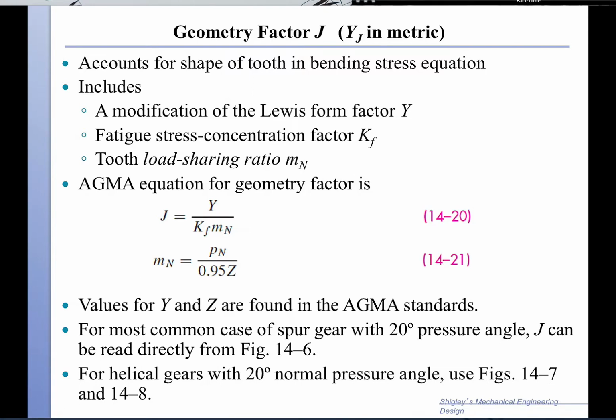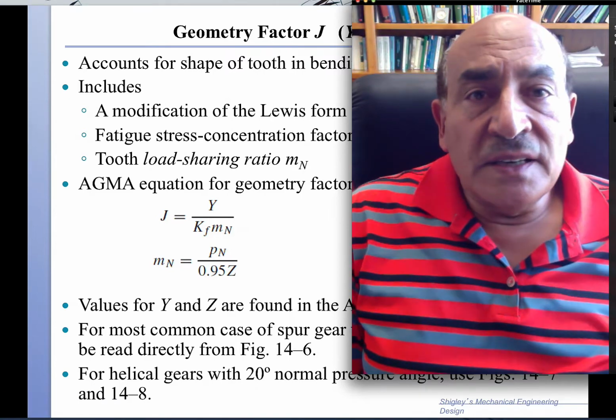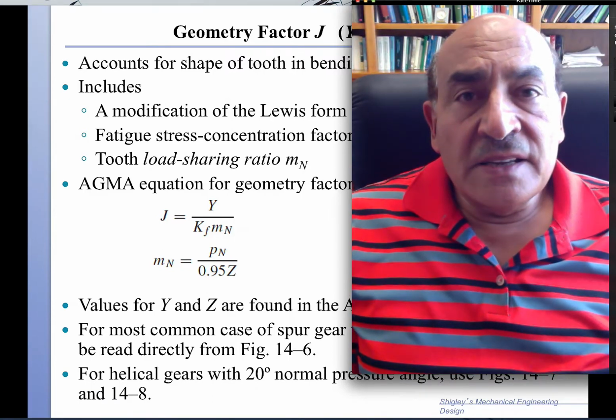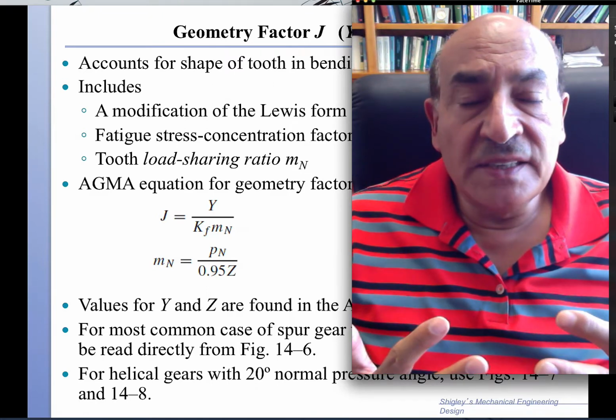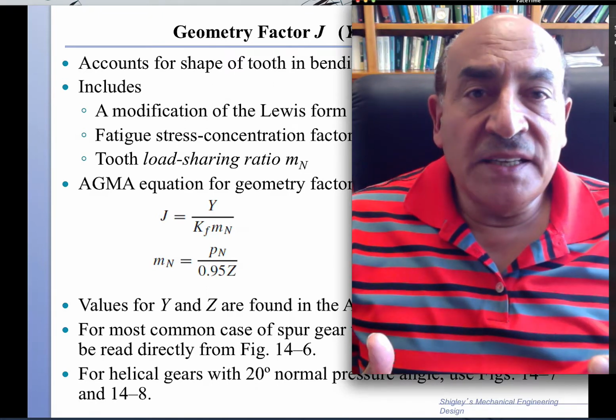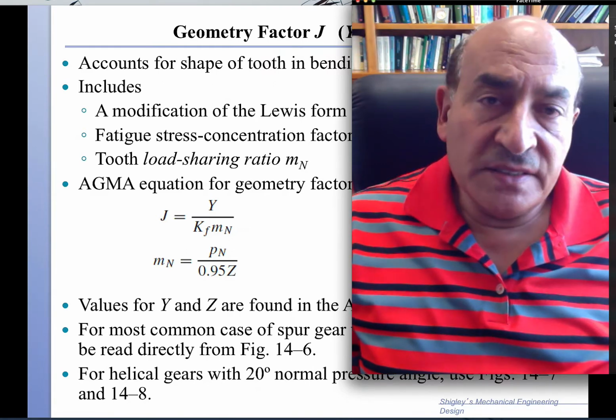So what I would like you now to do is think about it as a design problem. There's really just a familiarity with the factors that are used and applying them for a particular design.